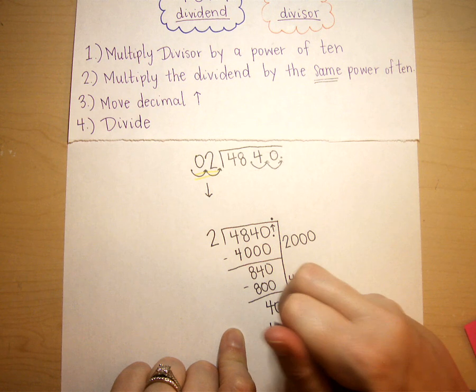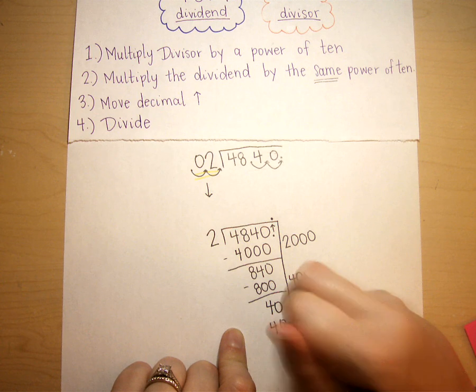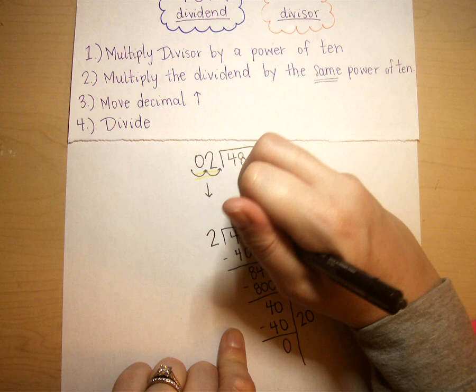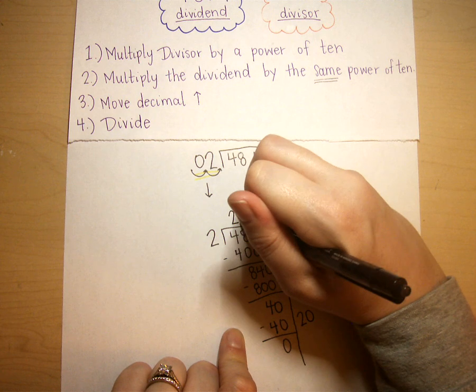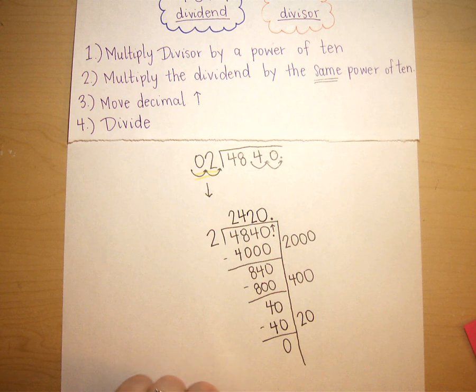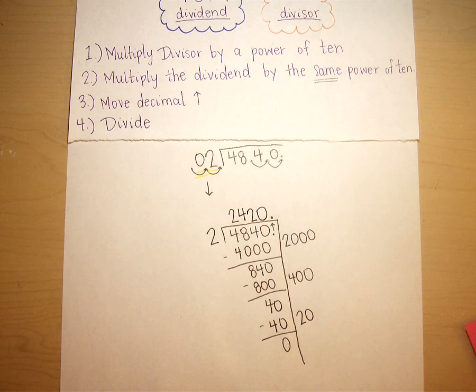So 2 2's are 4, but 20 2's are 40. So then my answer is 2,420. So this is how you divide with decimals.